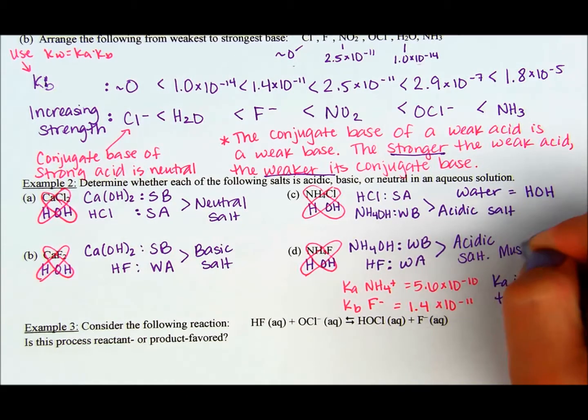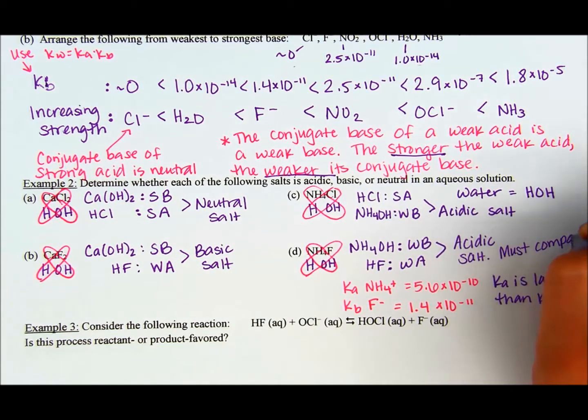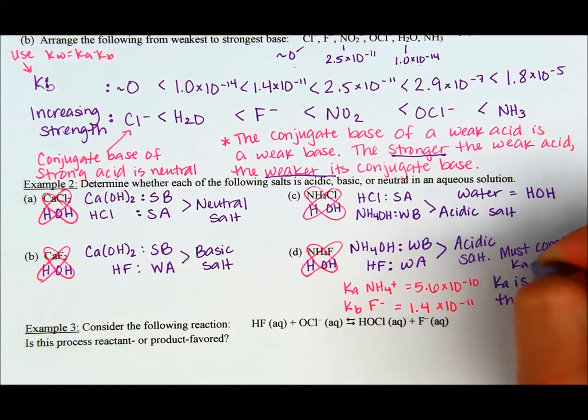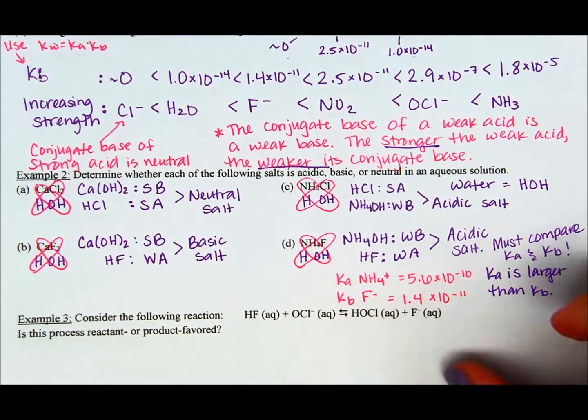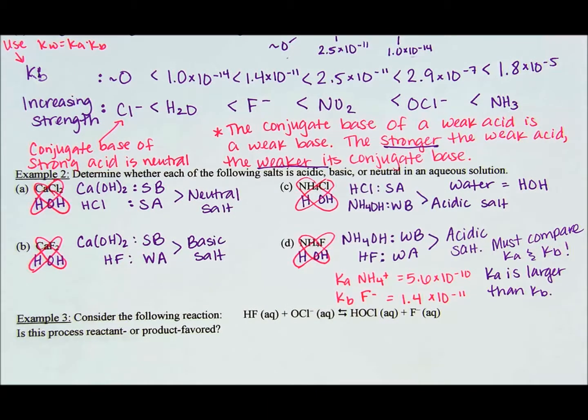And here, you must compare Ka and Kb first. In this case, it was an acidic salt. It won't always be acidic. Sometimes it will be basic as well. But you have to always compare the Ka and the Kb of the two ions in the salt, because this trick failed us because it just said weak base, weak acid. So we had to go back and actually compare the Kas.